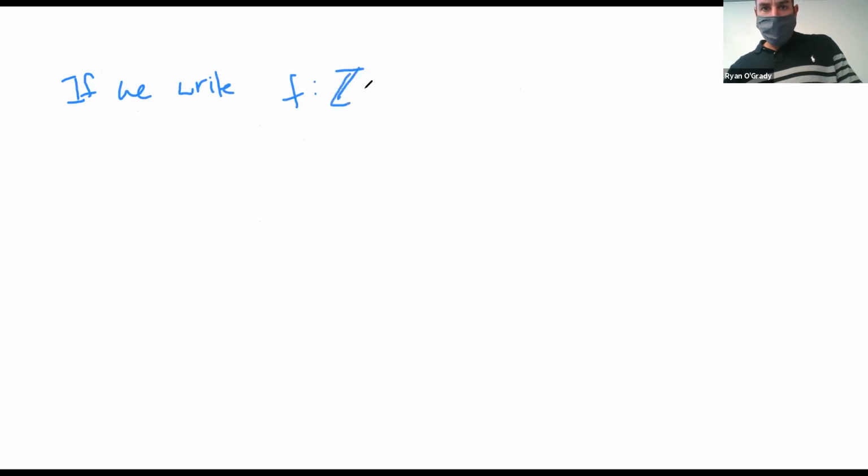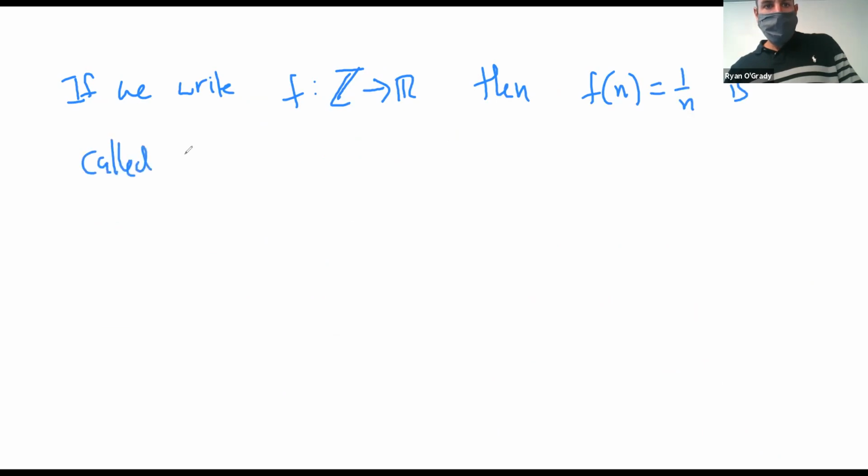So what we really do is, here's the way I want you to think about this. If we write f from, say, the integers into R, then f equals 1 over n is called a partial function.